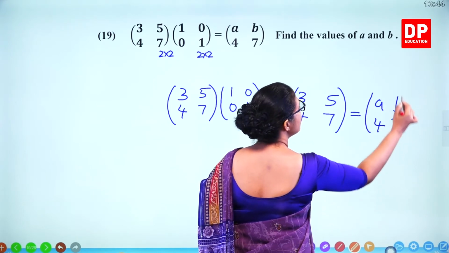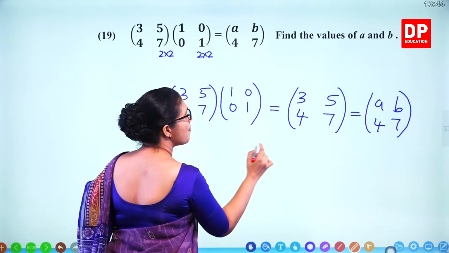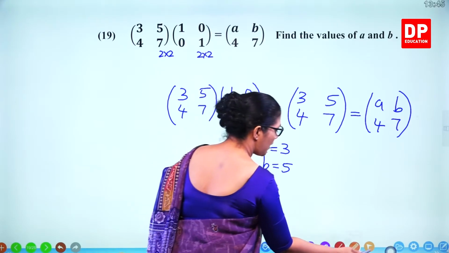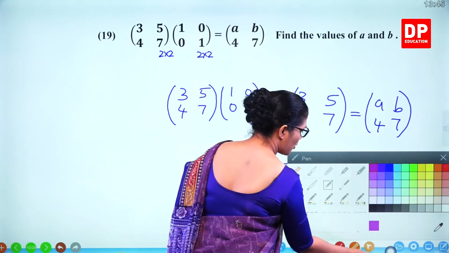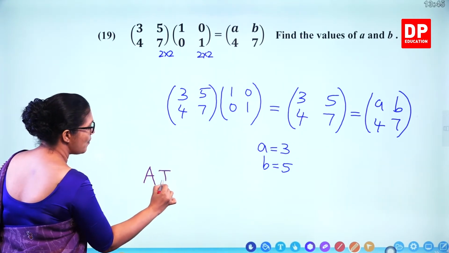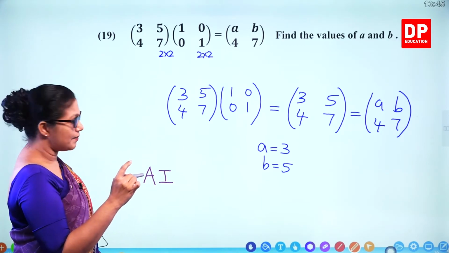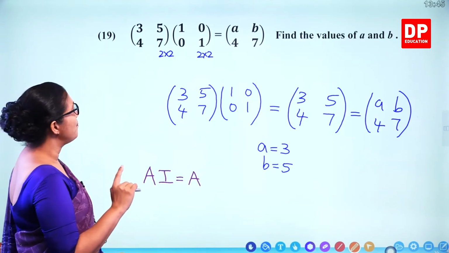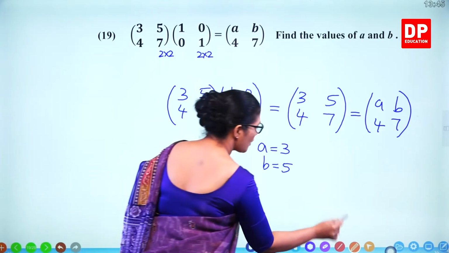So what's A? Comparing elements, A is 3, B equals 5. So without multiplication also, we know that any matrix multiplied with the identity matrix, you get the same matrix. So 2 marks.